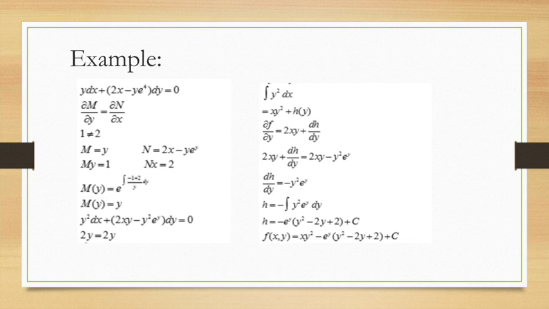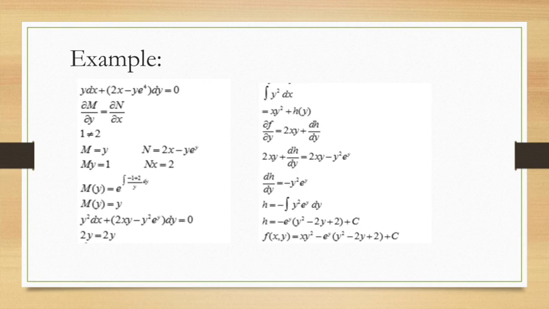Example of the non-exact differential equation. So we got y dx plus (2x − y e^y) dy equal to 0. So the first step, we need to check whether this is an exact or non-exact differential equation.